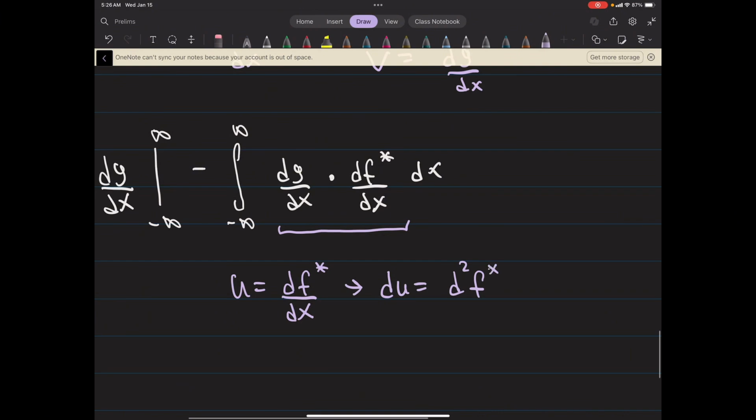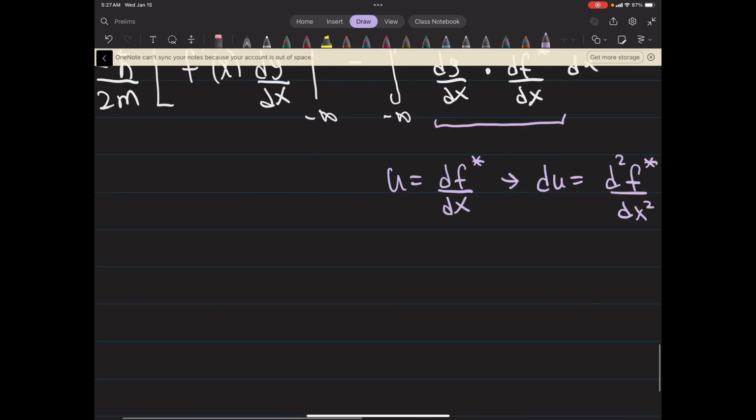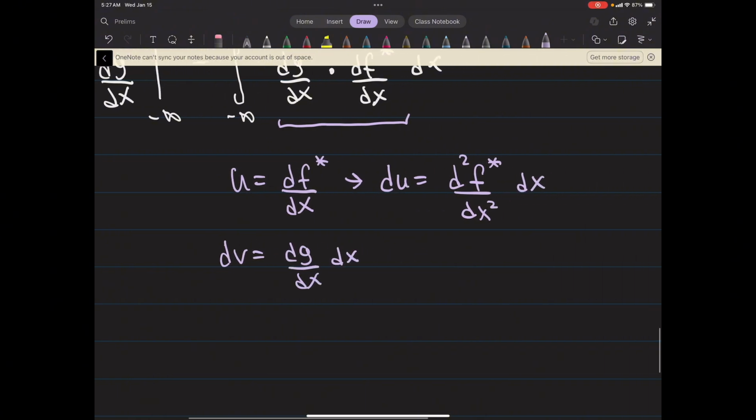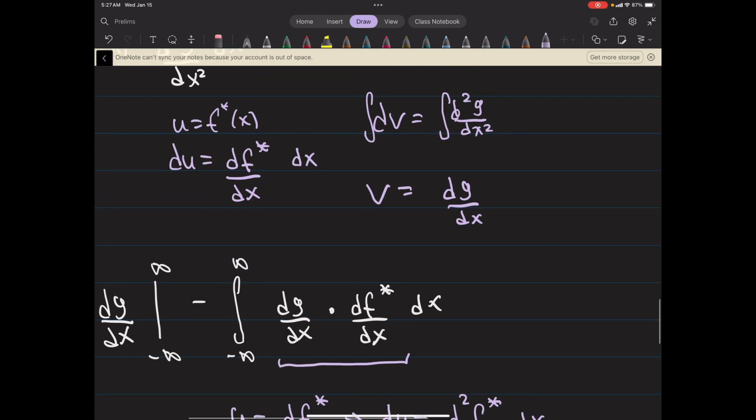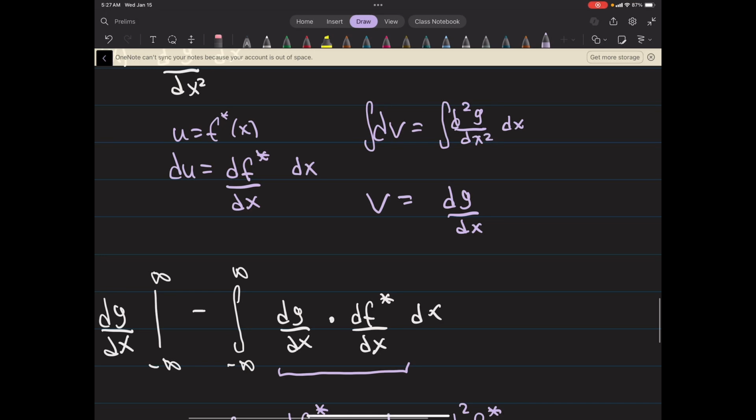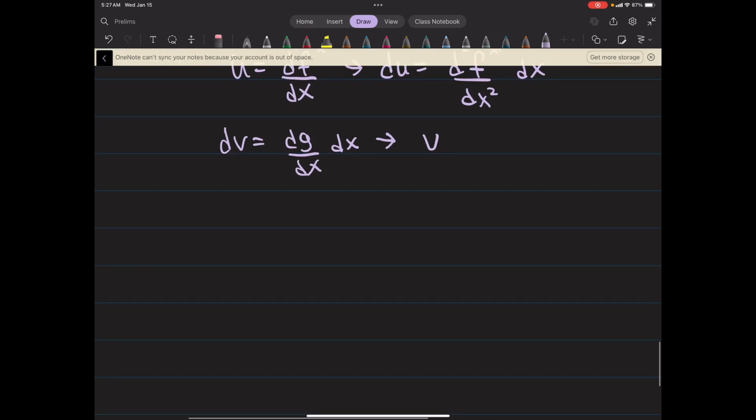So now we're taking a derivative with respect to x. And then dv, well, that'll be just dg dx dx. Forgot a dx there, I think. So then when we integrate this, you get v is just g of x.